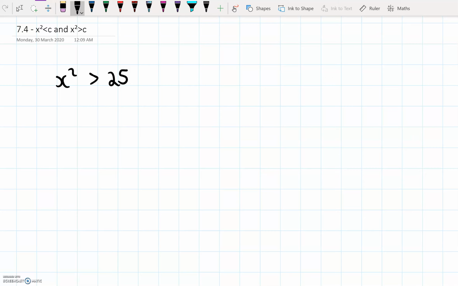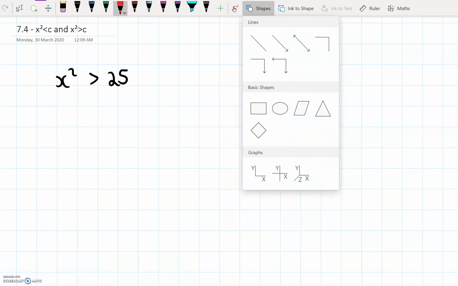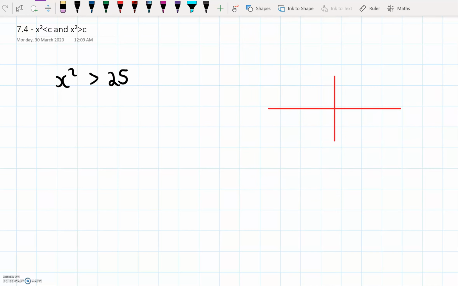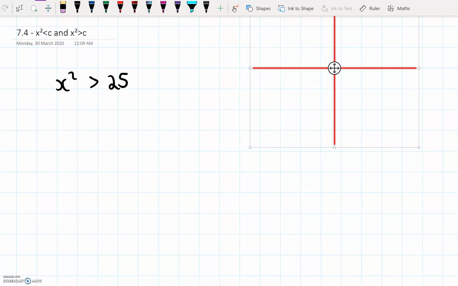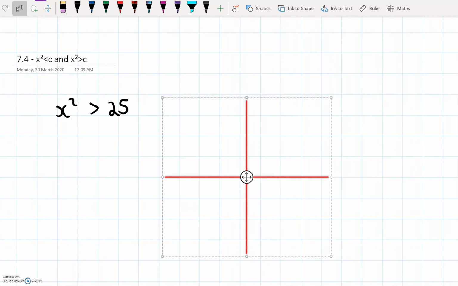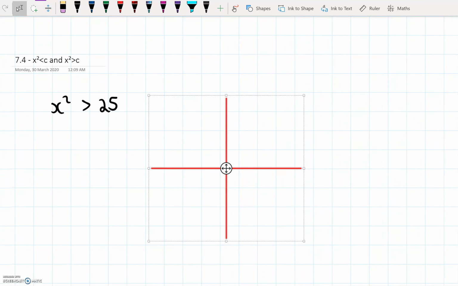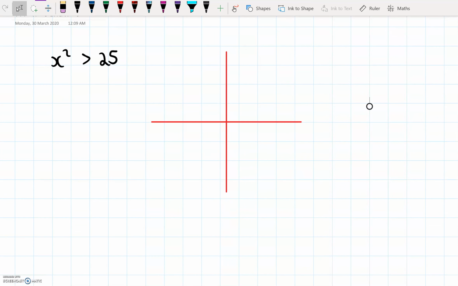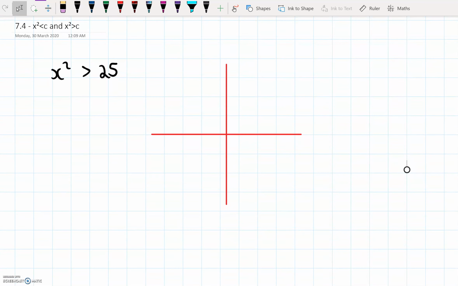Now, the inequality x squared is greater than 25 means, let's draw our axis. We have a parabola that looks like this because it's x squared.